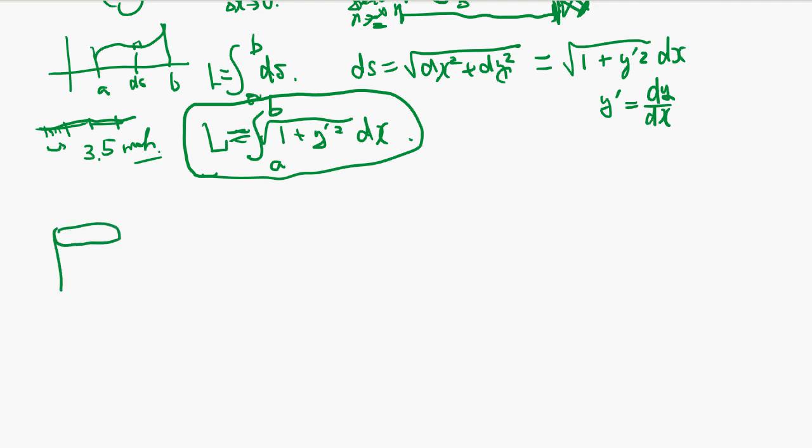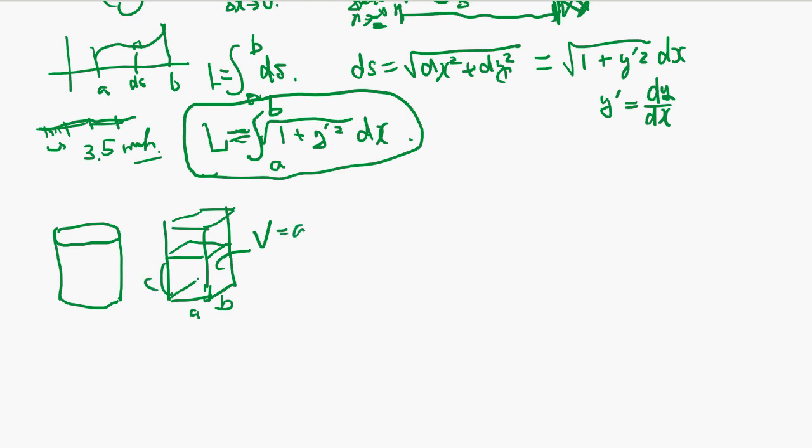Well, let's do this. You have a cylinder here, and you have a rectangular box. You put water in. The volume of the box is A, B, and C, all straight lines.